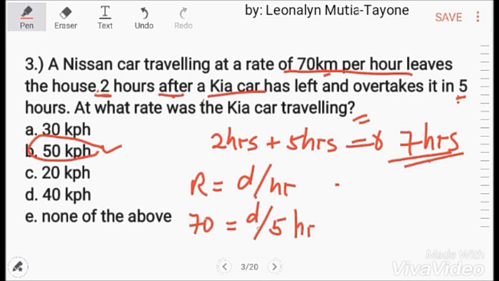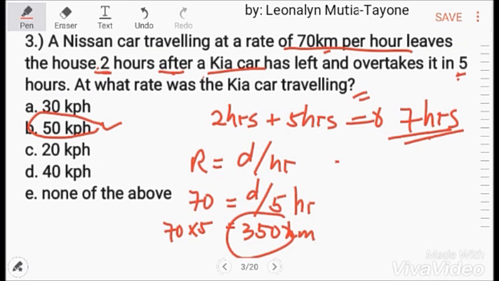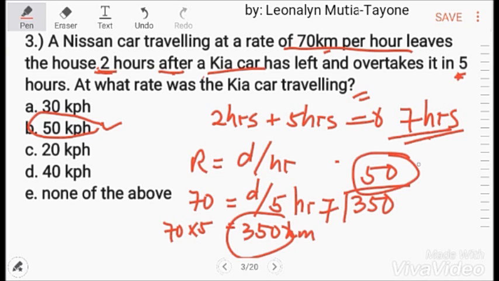So, bali, ang distance nila ay 70 times 5, that is 350. Yun ang distance, kilometers. So, itong si Kia, nag-travel siya ng 7 hours kasi nauna siya ng 2 hours plus 5. So, 350 divided by 7, and that is 50 kph. So, the answer is 50.